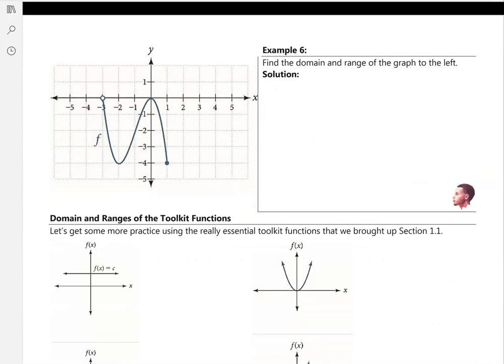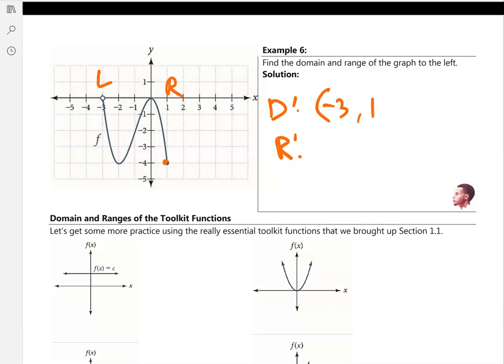Let's try another one. Find the domain and range of this graph. So domain from left to right. Leftmost part of the graph, the x value is -3. It's an open circle, so open parenthesis. And the rightmost part of the graph, the x value is 1.